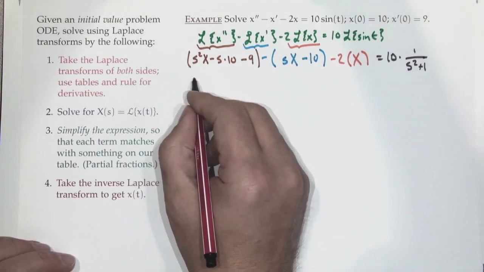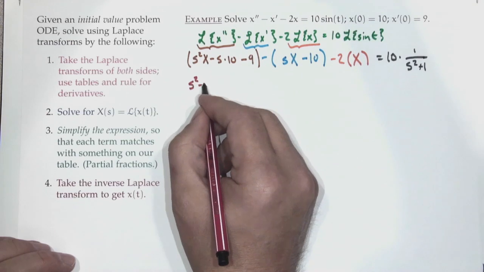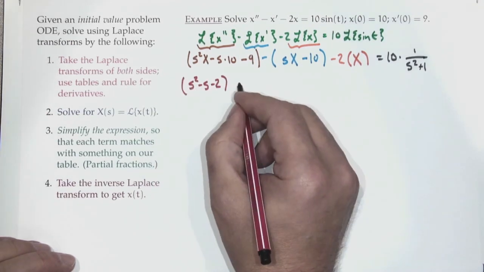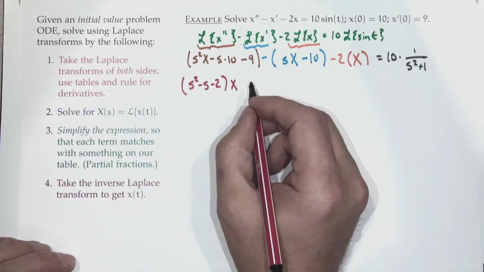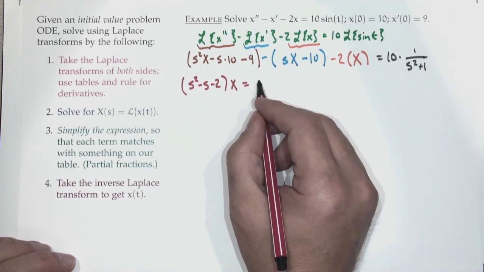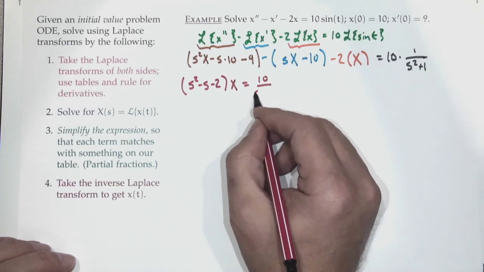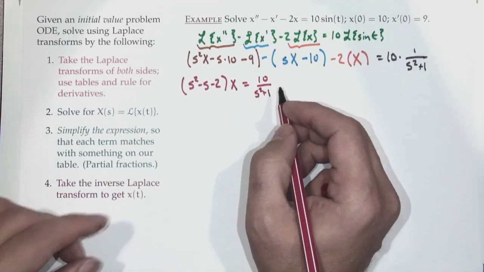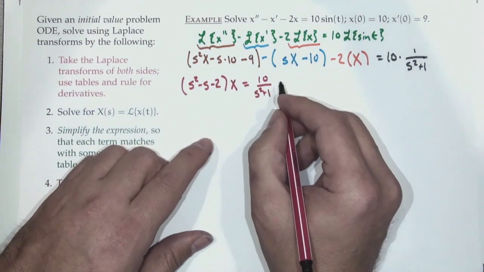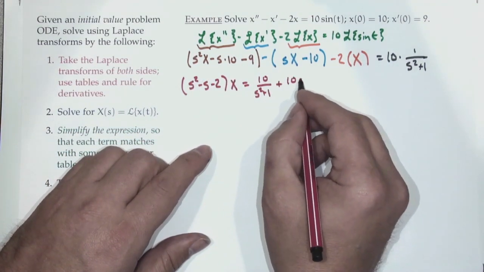All right, so we get s squared minus s minus 2 times x. Okay, so that's those terms. And then let's move everything else across. So we already have a 10 over s squared plus 1. Here, there's a minus 10s. When we bring it across, it'll become a plus 10s.